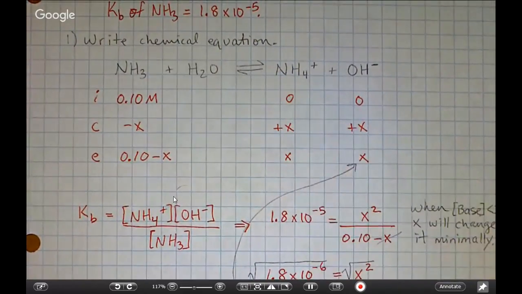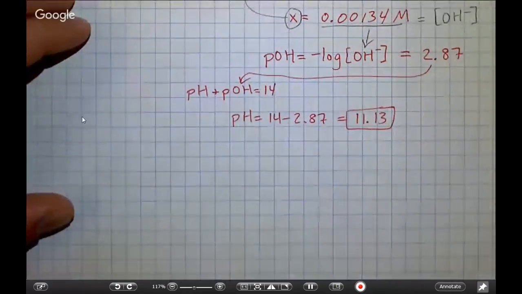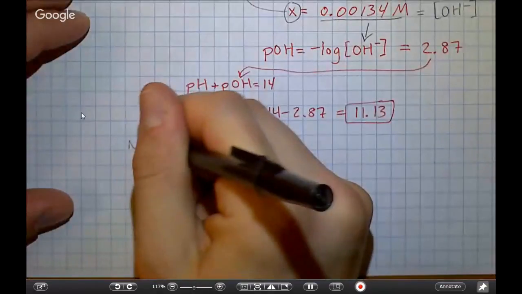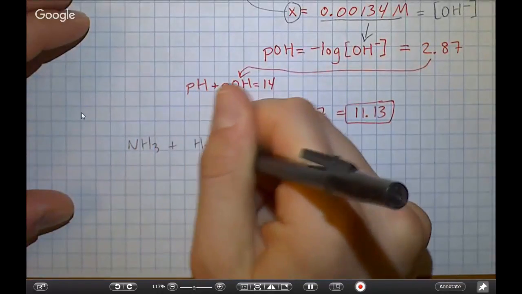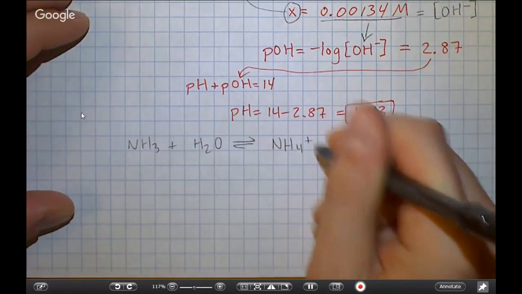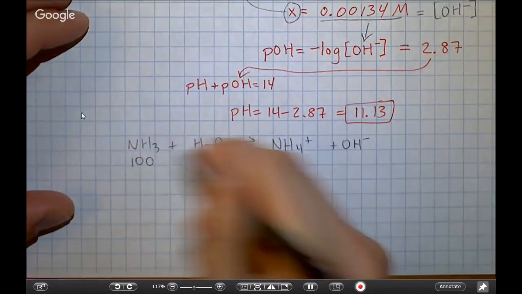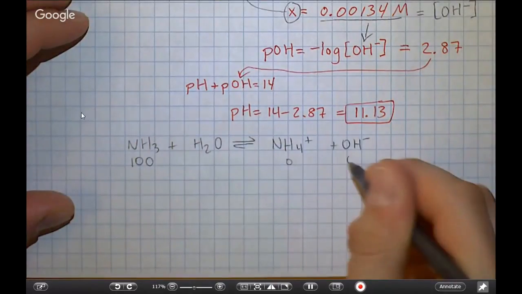So just like we looked at yesterday, if you had ammonia plus water yields ammonium and hydroxide, initially we might have 100 molecules of ammonia and none of the products.